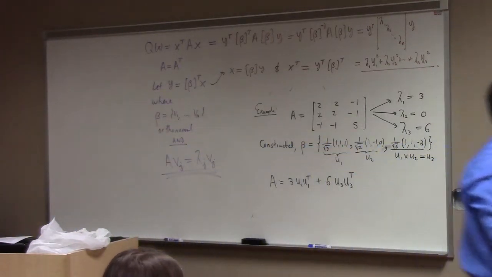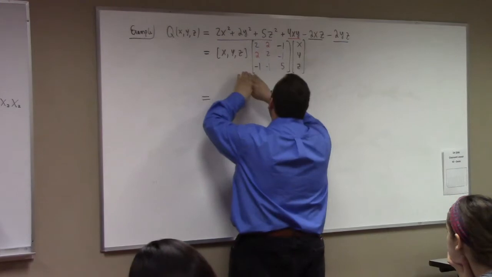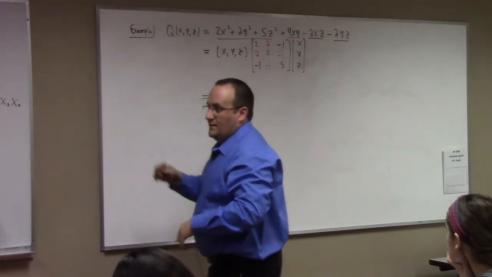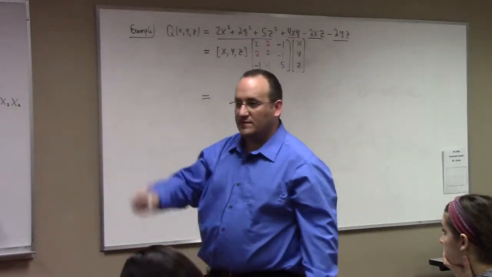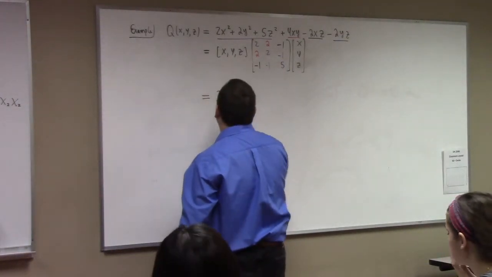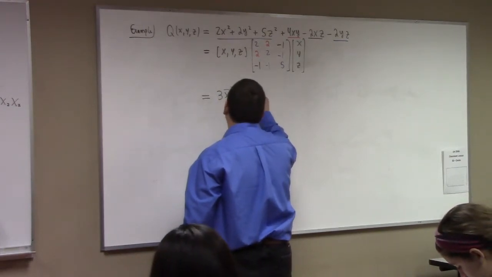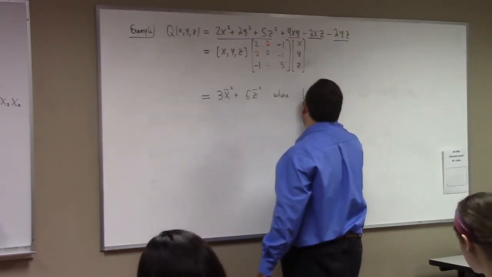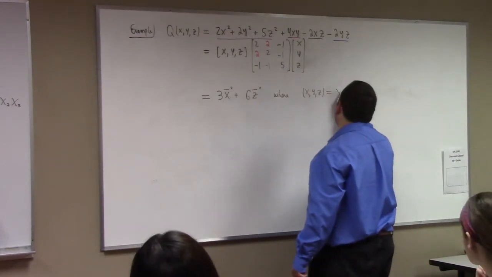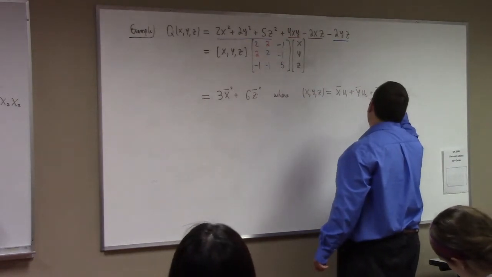But anyway, over here, I can tell you that if we were to work out the formula for this, we could rewrite it in terms of eigenvalue 3 and eigenvalue 6. It would be 3 times, let's say, x bar squared plus 6 times z bar squared, where xyz is explicitly equal to x bar u1 plus y bar u2 plus z bar u3.